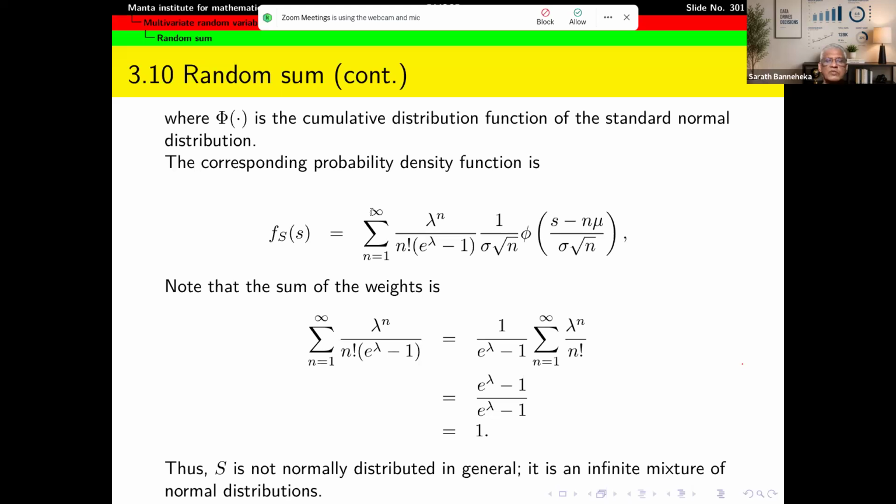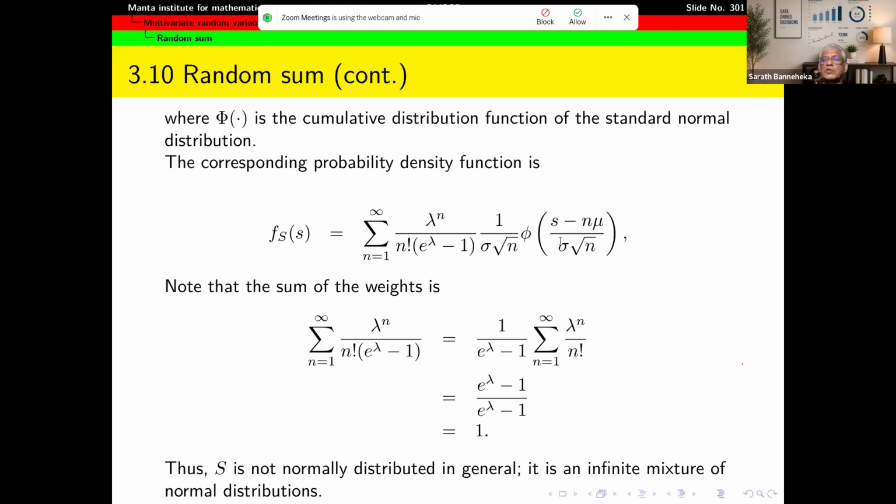So therefore, this thing can be considered as an infinite sum of weighted densities. This kind of term is one that we earlier in part 1 called the mixture distribution, right? These are some densities. Of course, these densities are not the same. They are different densities now because the density depends on n, right?